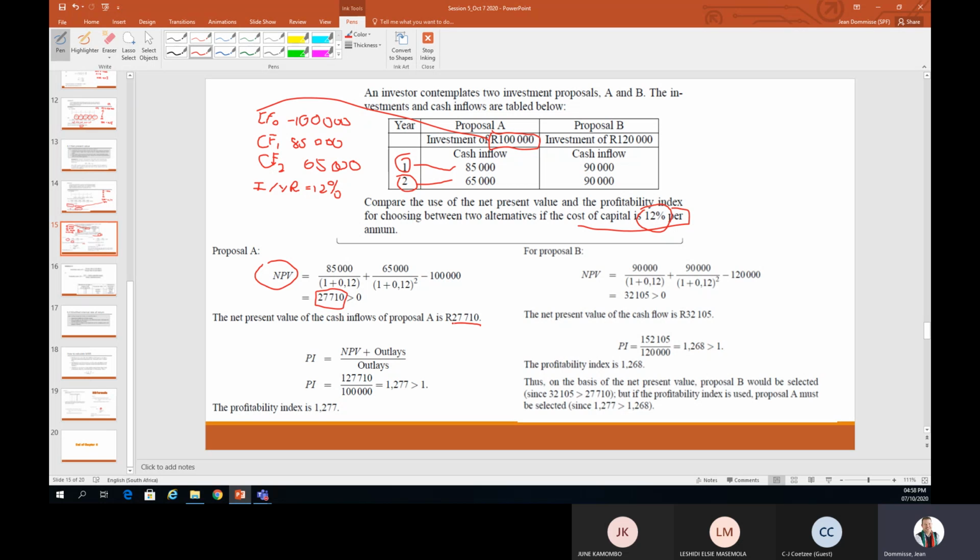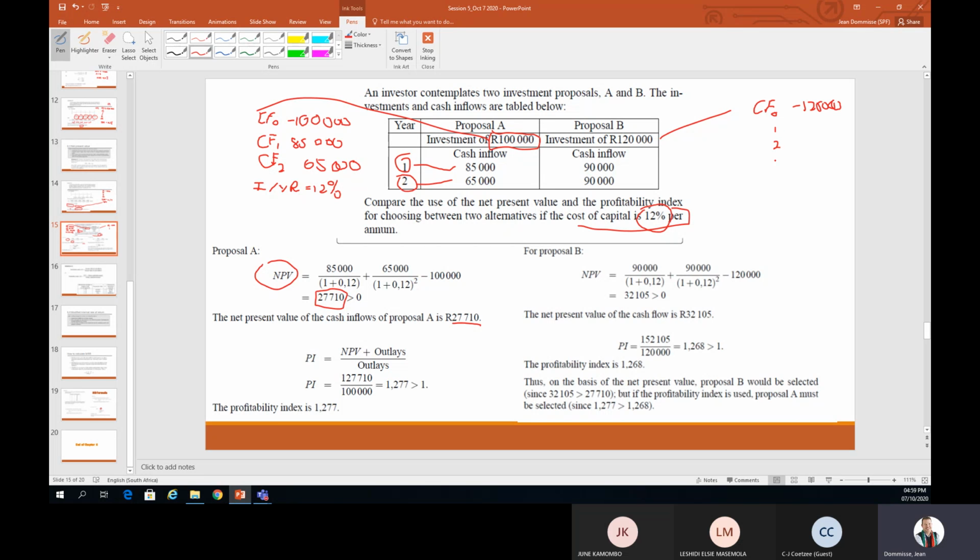Then you do exactly the same for proposal B. Just remember to clear everything again, otherwise it will continue with CF3. So then we start with the original of 120,000.